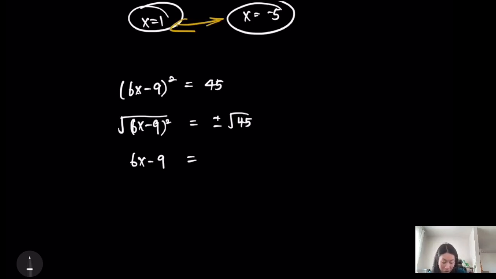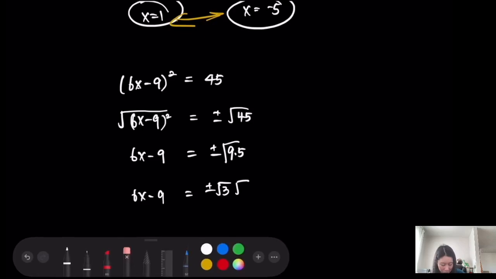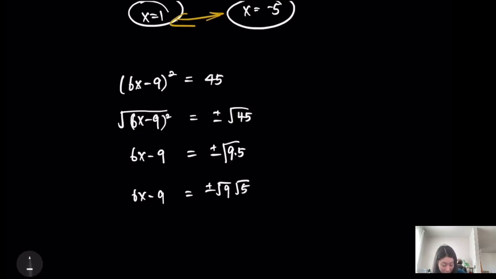We can think about 9 times 5, because 9 is a perfect square number, so that we will get a 3. So I have positive square root of 9, I shouldn't skip, times square root of 5. So I have 6x minus 9 equals positive or negative 3 times square root of 5.